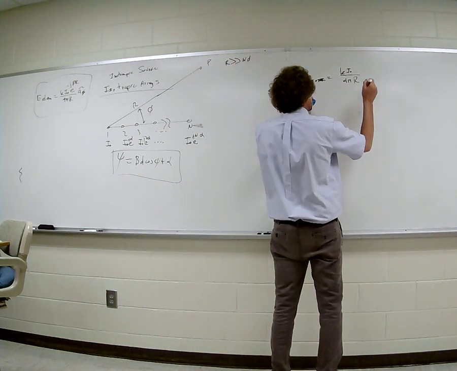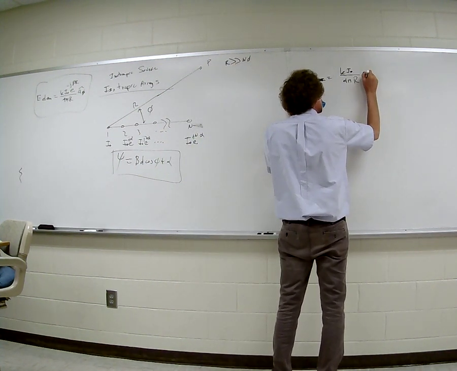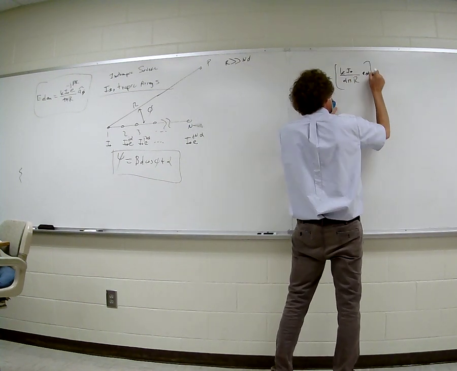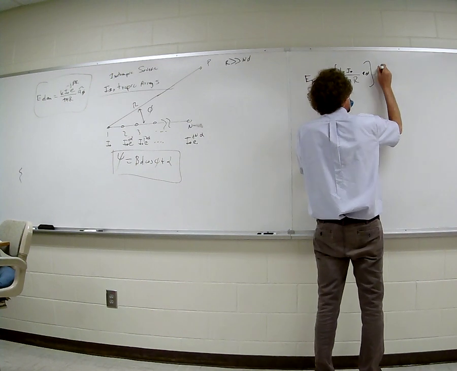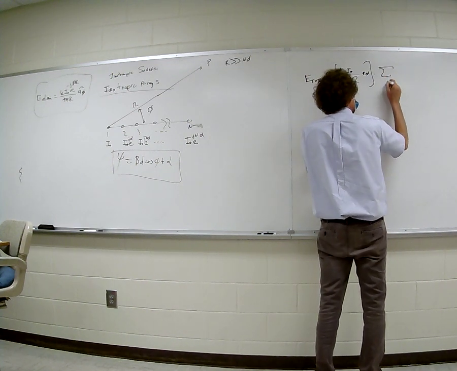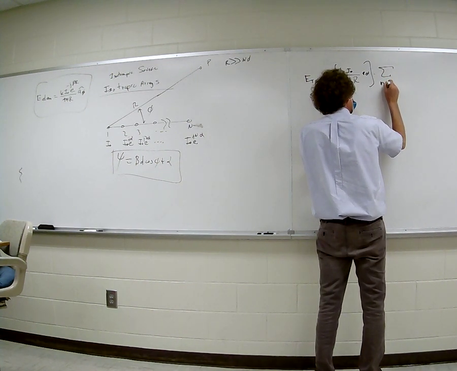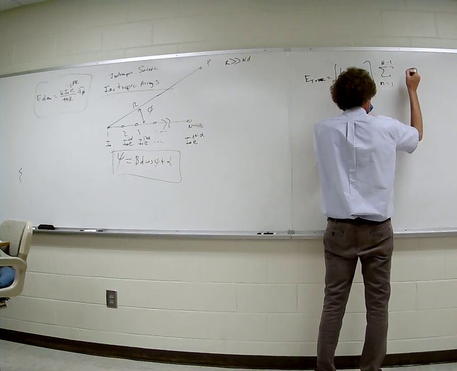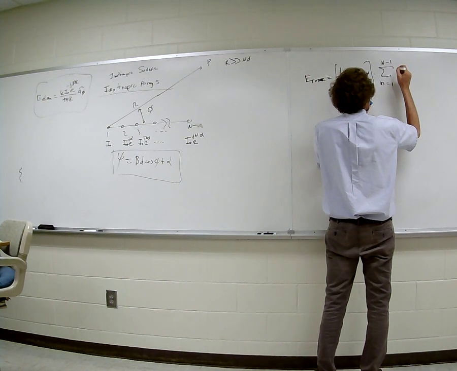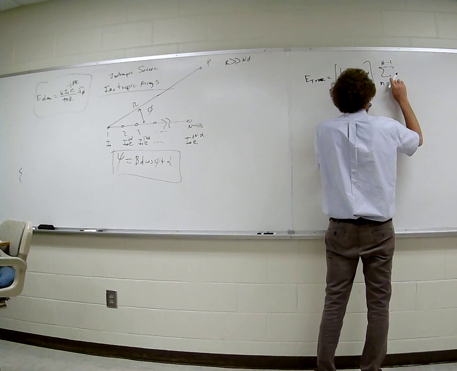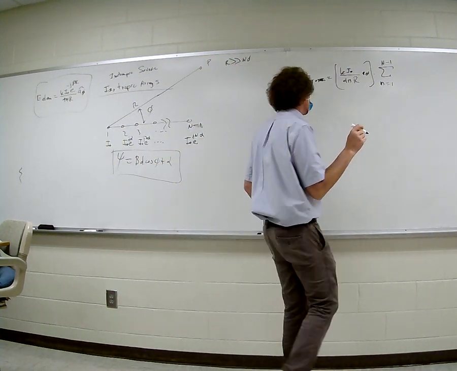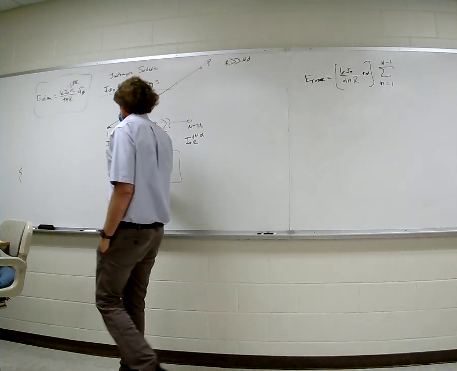This is the E field from an individual element. It's the individual element right there. And it's multiplied by the summation from small n equals 1 to n minus 1. Actually, yeah, this would be n minus 1 points, if we actually call this the 0 point.